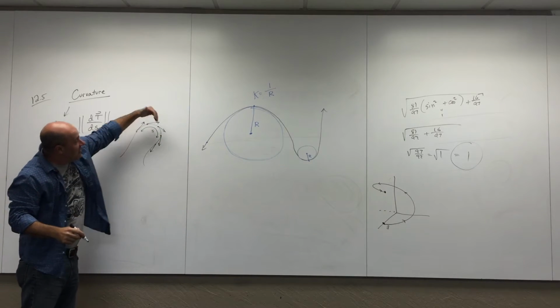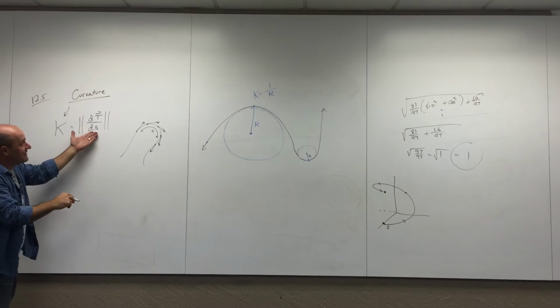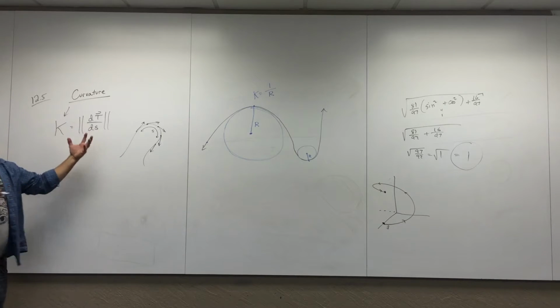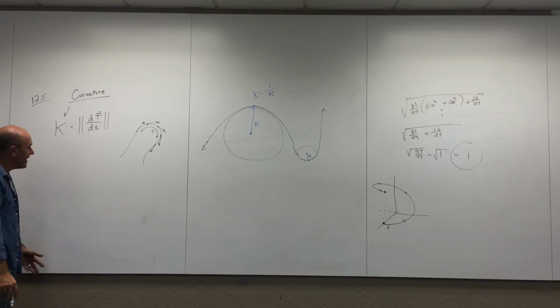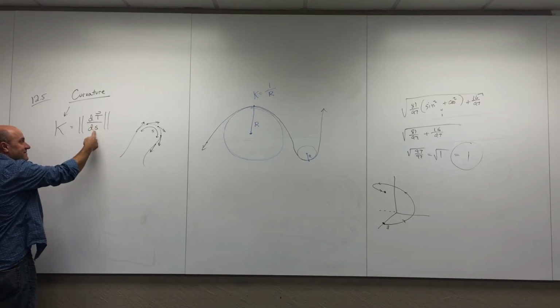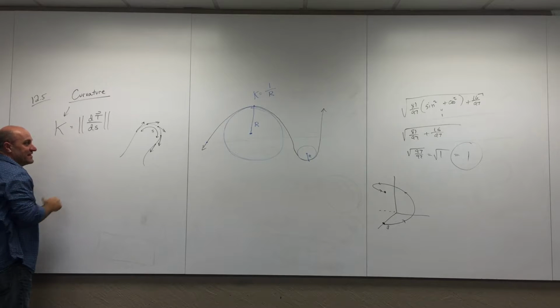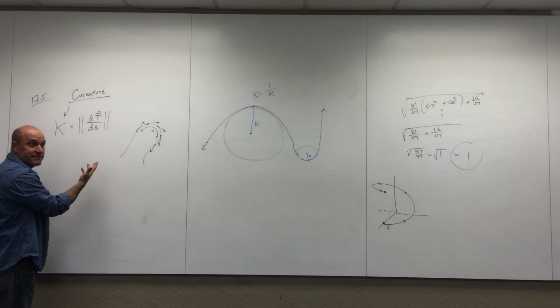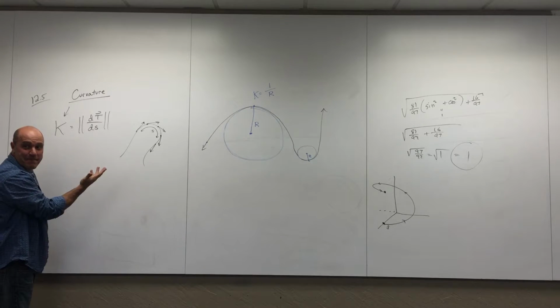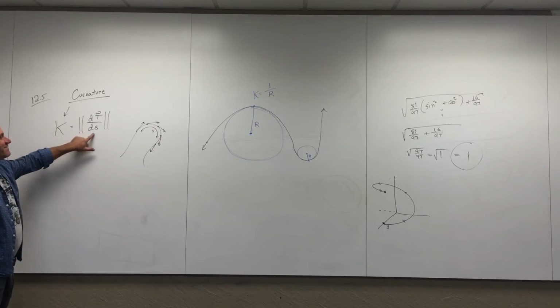If it changed a lot of direction in a short little s, that's big curvature. I'm explaining this math, this language. I'm interpreting this language. It's like Spanish. That's math. Well, it's not Spanish.